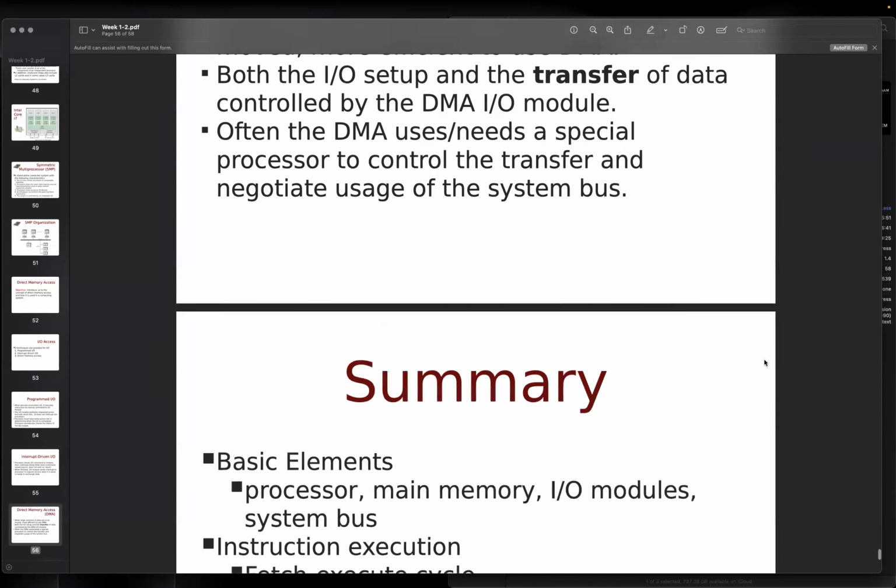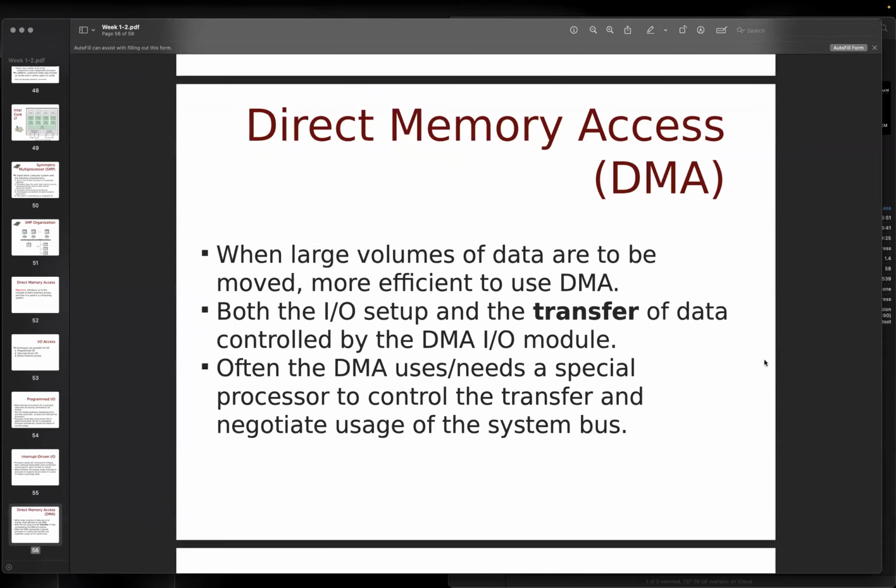The advantage is when you copy a file, let's say from your SSD to a USB or your hard drive. With DMA, using the driver or sometimes other special processors to handle it, we don't have to wait.